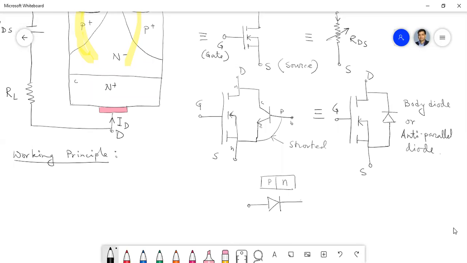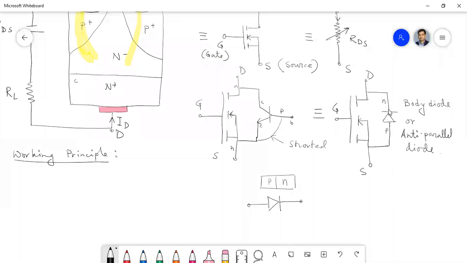Like this only. So here this side is P substrate and this side is N substrate. Is it clear?